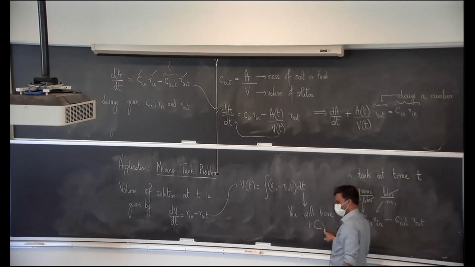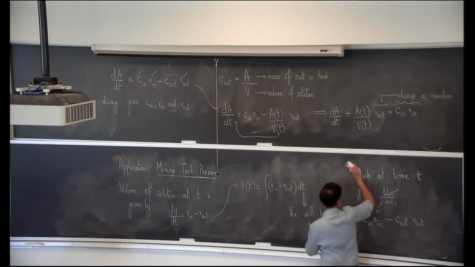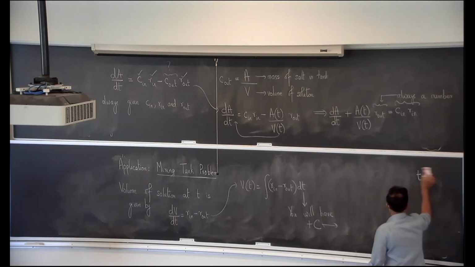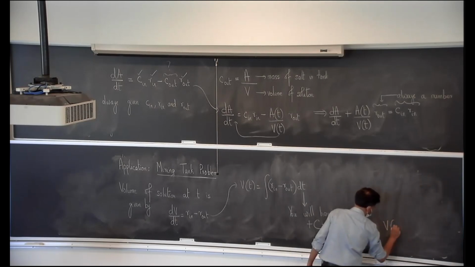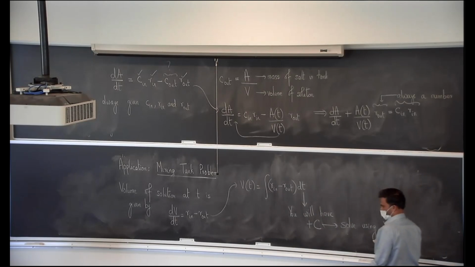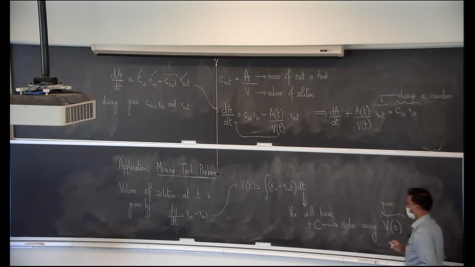This C should be obtained by using the initial volume of the solution. So solve using the initial volume, which should be given in the problem. This is the thing that you should do first.